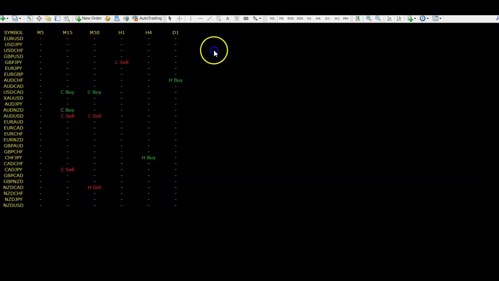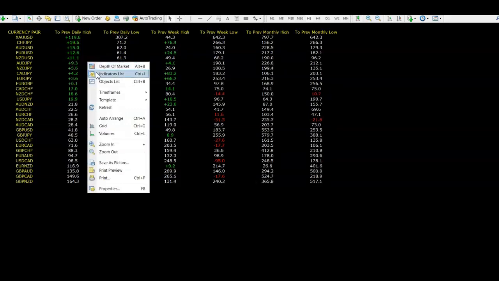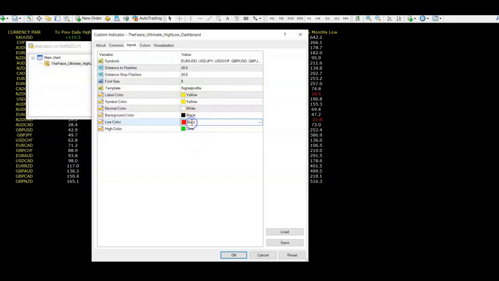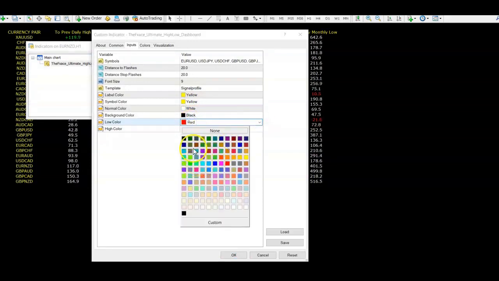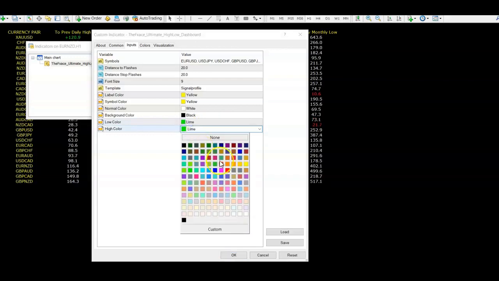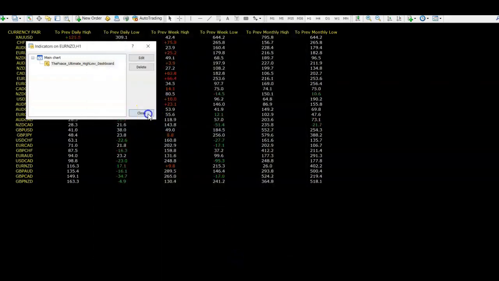Okay, on to the second indicator, which is the ultimate high-low dashboard. So I'm just going to flick this over to how I use this. I like to sell the highs and buy the lows. I use this in conjunction with the MacD dashboard, and you'll see it in a minute.